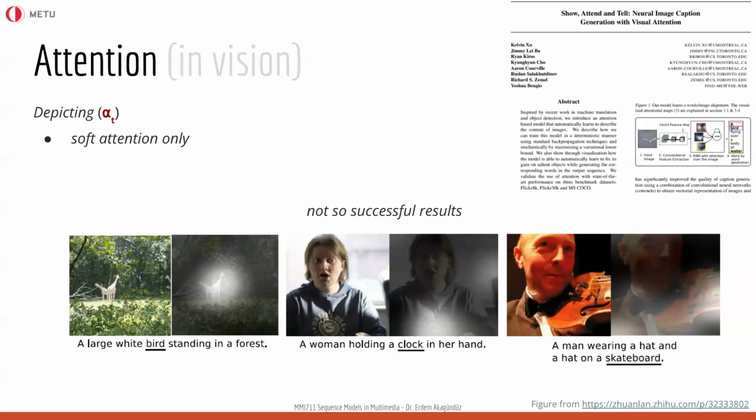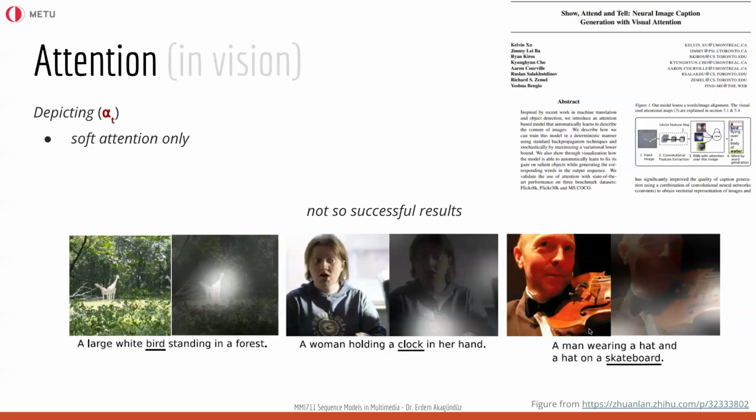But now I understand it, because I'm totally sure the mechanism thought that this was a clock, because for the word clock, the alphas were much stronger in this part. They were stronger in this part as well, so it's not working very correctly, but this gives us an insight. What this example shows us is that attention is actually a mechanism to make the focus between the encoder and decoder more transparent. We can understand what's going on.